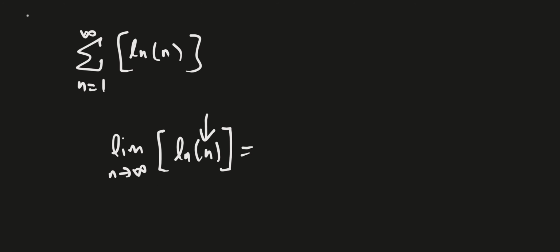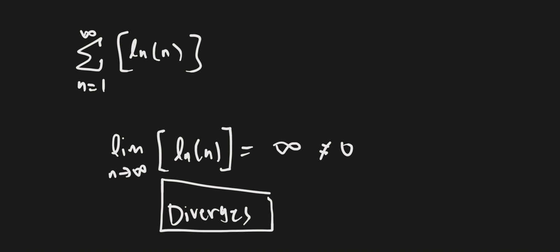As n gets larger and larger, this whole thing approaches infinity. Since this is not equal to 0, we can say that this diverges. So this is a divergent series by the divergence test.